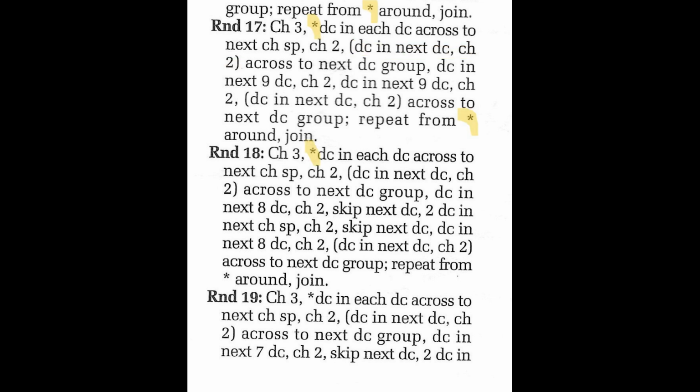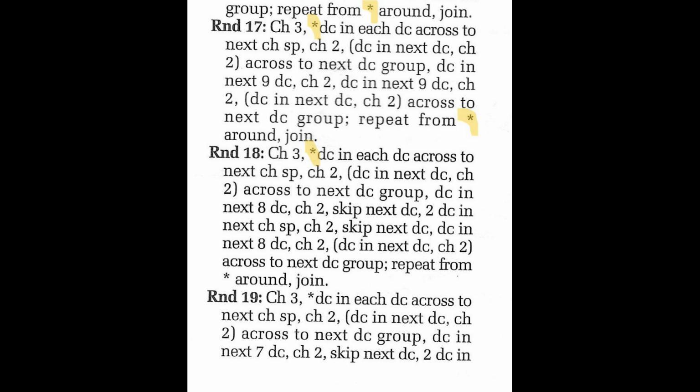And then in my next example, you're seeing the asterisks. Very similar, but asterisks usually are used to say repeat a particular pattern. So it might say, like in this example, DC in each DC across, next chain space chain 2. So then you're going to be doing a DC and next DC chain 2 across to the next DC group.